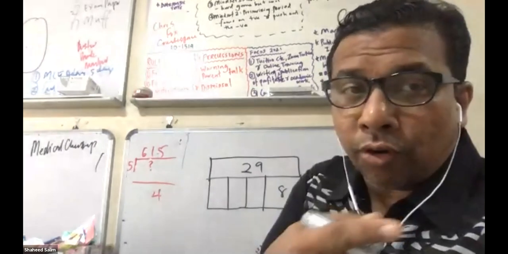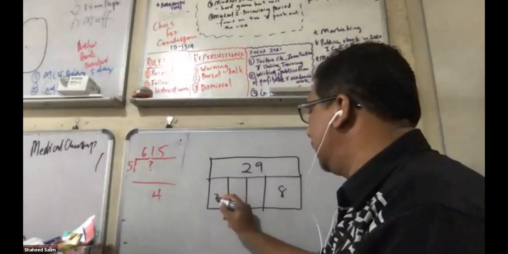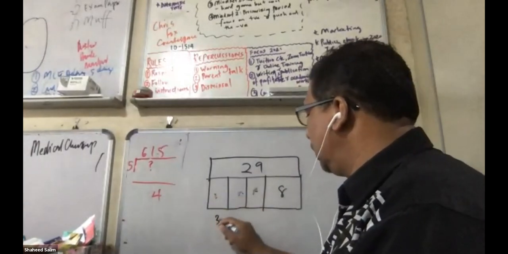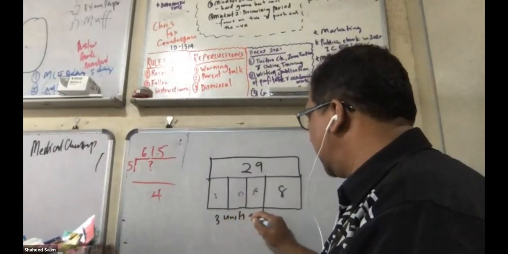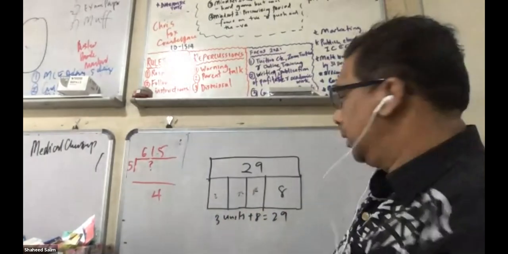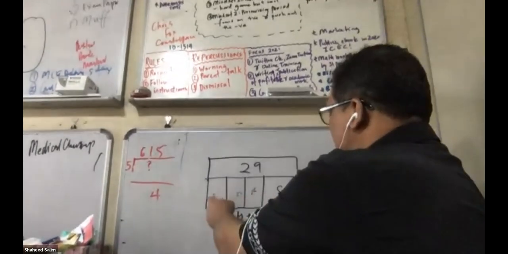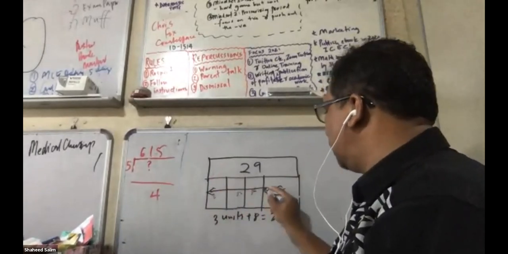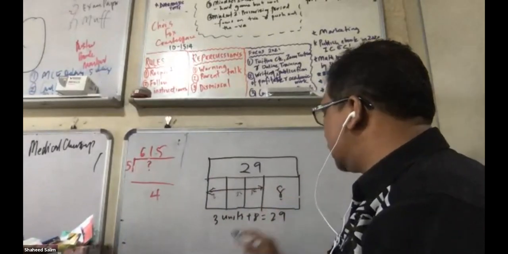Okay, let's say now, for Ilhan, you want to say this is X lah. X, something like that. But we call it 3 units now. 3 units plus 8 equals 29. If this is 8, this one must be how much?